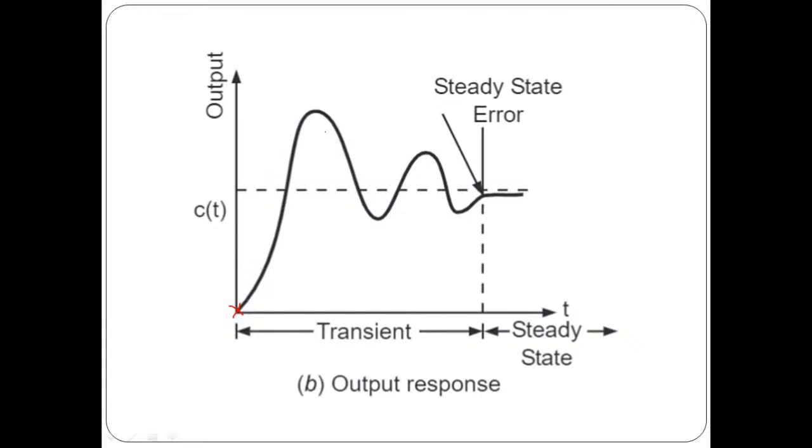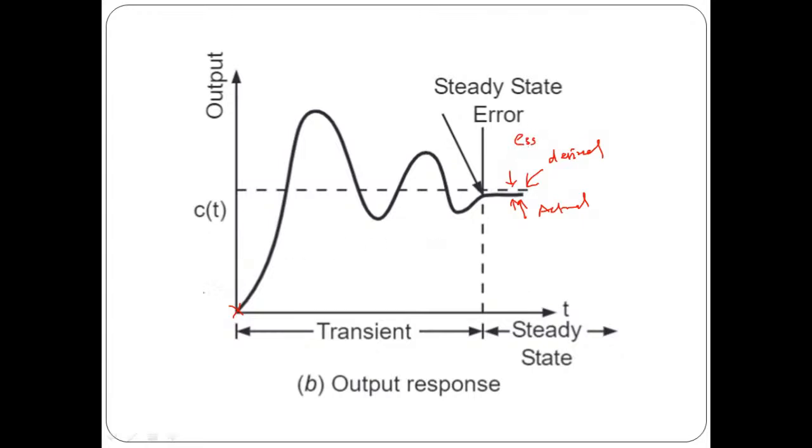It is oscillatory in nature, and finally it is going to reach its desired value. So this is nothing but the desired value, and this will be the actual value or actual output. And the difference between desired value and actual value is nothing but steady state error.